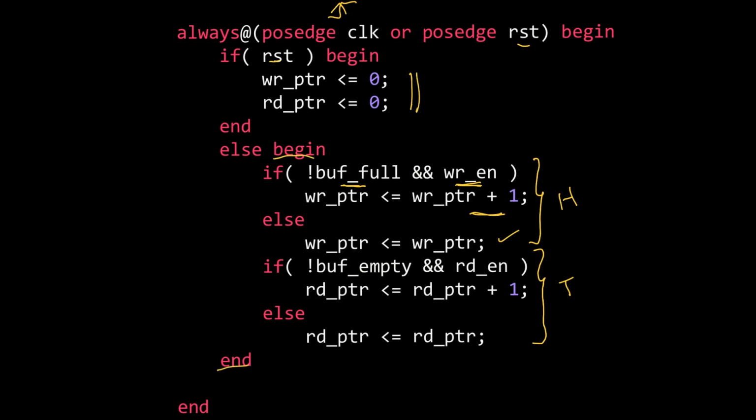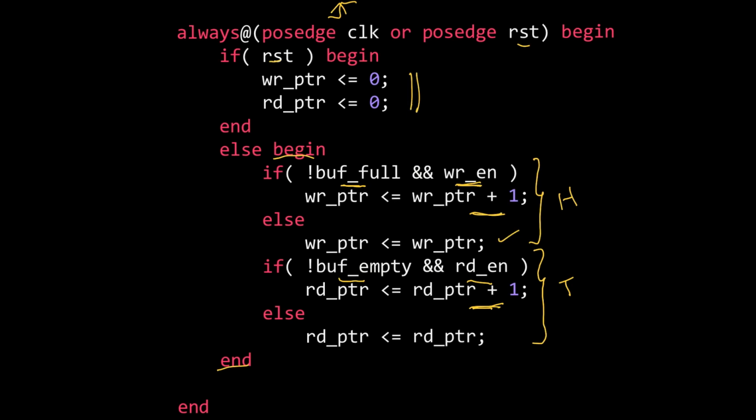While your write pointer is being updated, you also check for read signal. If your read enable is active and you're able to read, that means your buffer is not empty, then you increment your read pointer also. So your read pointer also moves in the same direction.